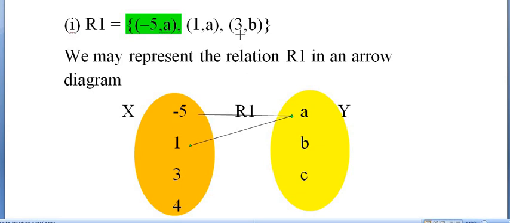Now again, we are going to join 3 and B. So we have joined all that they have given, these 3 pairs: (minus 5, A), (1, A), (3, B).